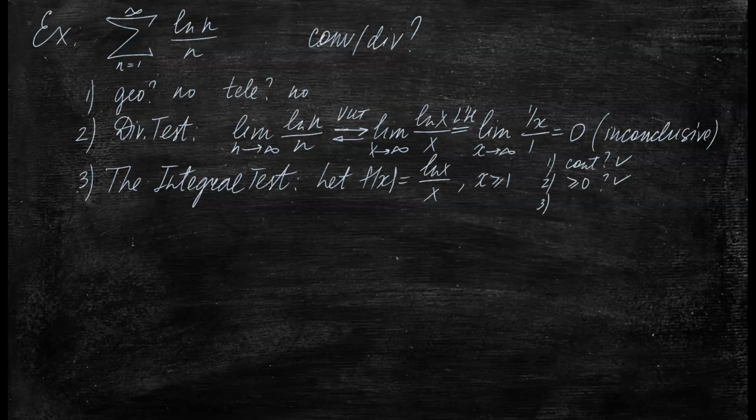And finally, is this decreasing? It may not be decreasing everywhere, but if you graph it, you will see that it is decreasing from n equals 2. And we know that from calculus too: whether the integral from 1 to infinity converges or not doesn't depend on what the function does on some interval from 1 to some number.